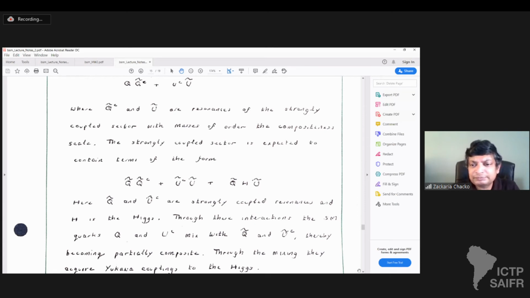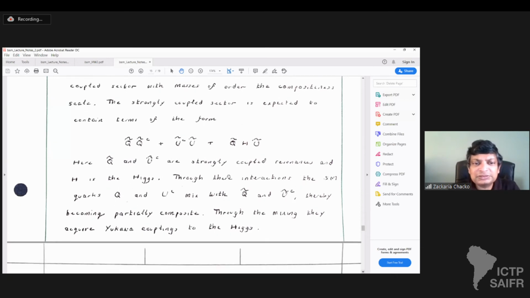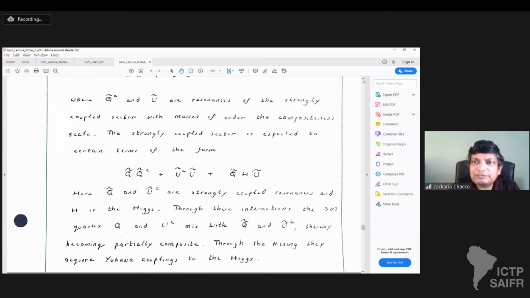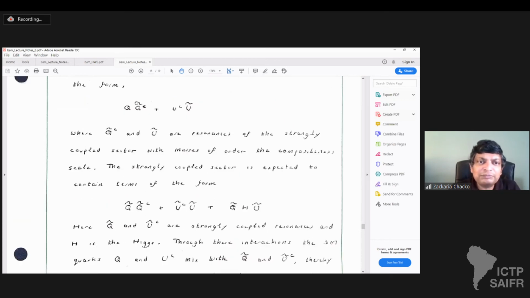What's happening is that the standard model quarks Q and UC are mixing. Once you have both this interaction and this interaction, this quark in the standard model is going to mix with this resonance, and this UC is going to mix with this resonance.